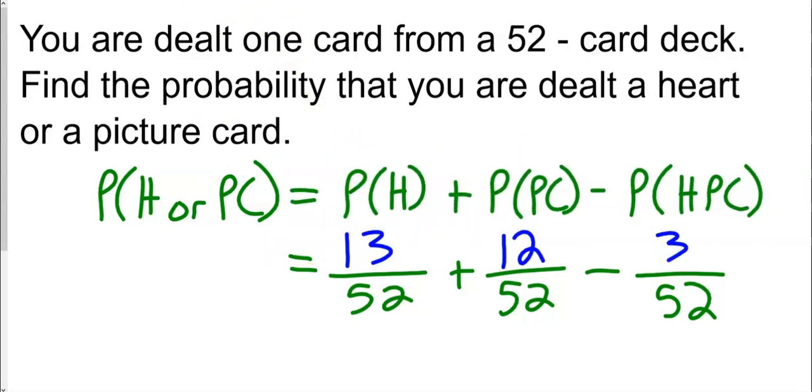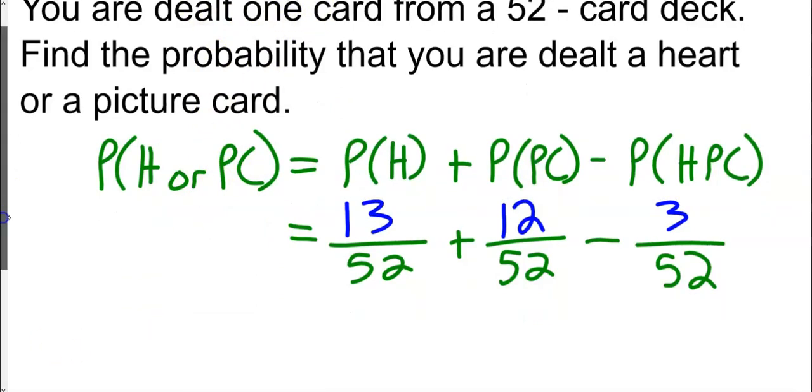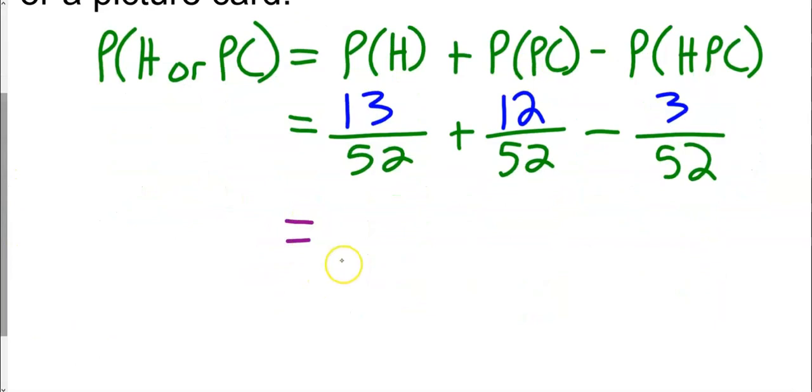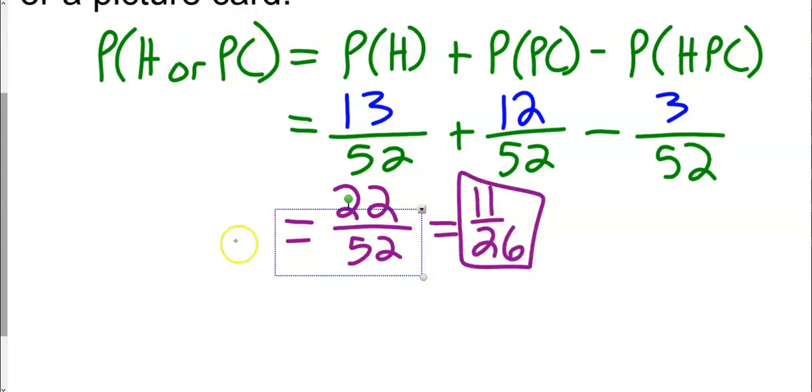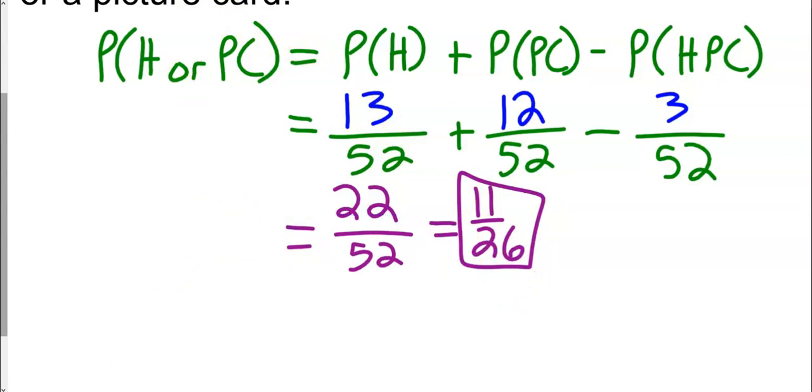Okay? So, there's all of our probabilities. All we have to do now is do the adding across the top and the subtracting, of course. And if you add all those together, you get 22 out of 52, which reduces down to 11 out of 26 for our probability. Okay?